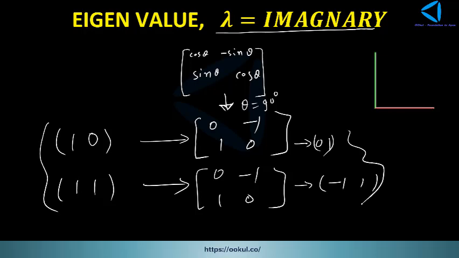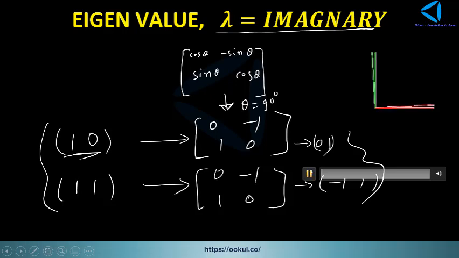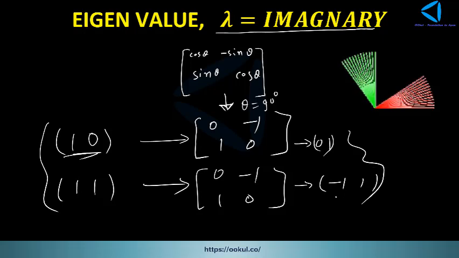So it is rotating everything by 90 degrees, right? The red one is the input 1 0, and the green one is the output 0 1. If we pause at 45 degrees, the red one is the input, and the output is somehow minus 1 and 1, the green one.